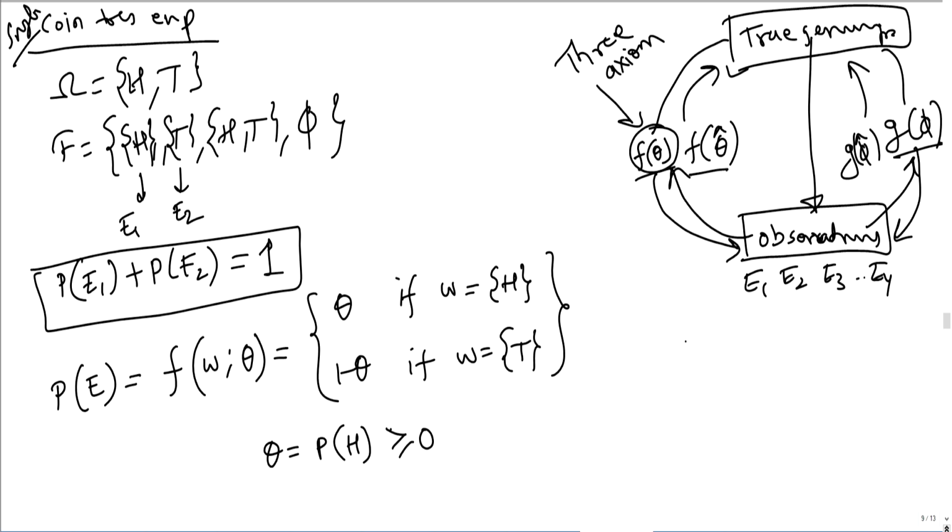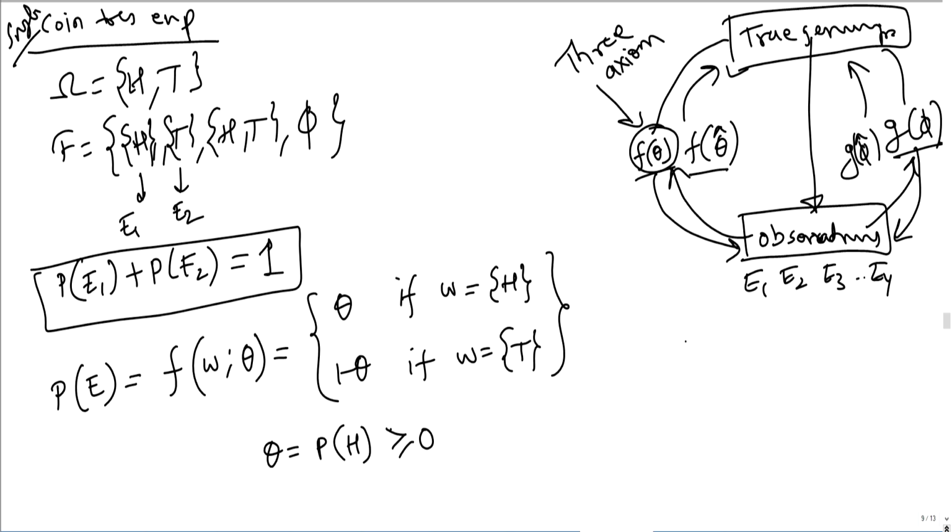Let us think of theta equals 0.9. If theta is 0.9, what does it mean? That the probability of event E1 would be 0.9, and the probability of event E2 would be 1 minus theta, that would be 0.1. Okay. So, now their summation is equal to 1 and both are greater than or equal to 0. So, it satisfies all the axioms. Okay. If theta is 0.1 or 0.5, it still satisfies all the axioms.